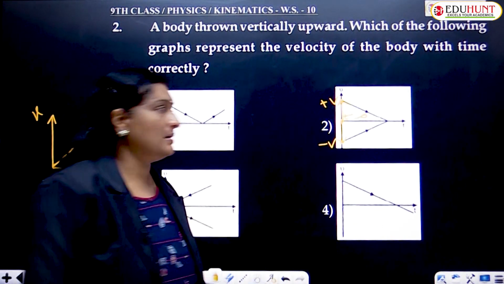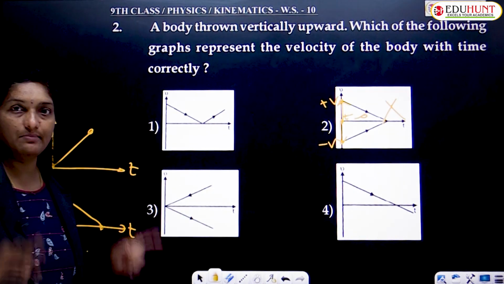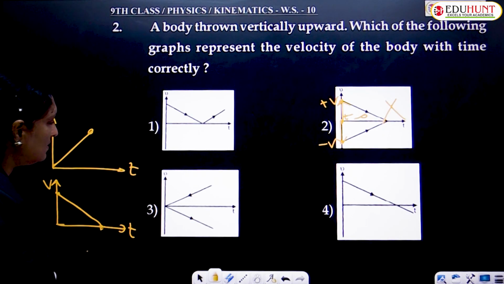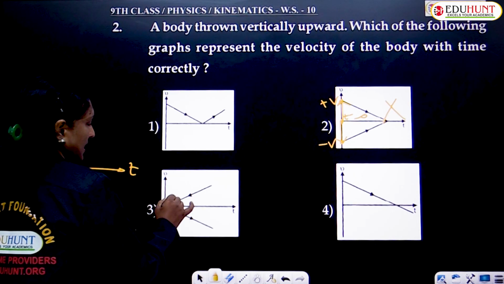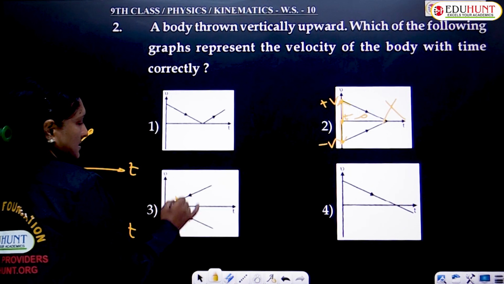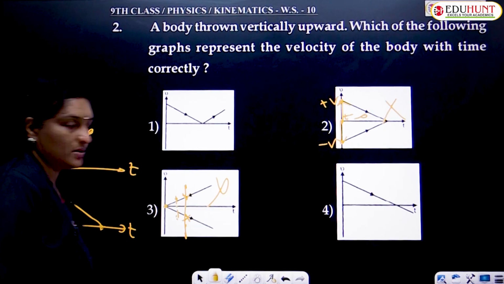How is it possible? So this is contradictory. Not at all possible. At the same time, the body is having two different velocities. Not possible. Moving here, so here also at the same time. If you consider this as 0 time it's okay. Any other portion, if you consider, at the same time the body may have two different velocities, which is not possible.